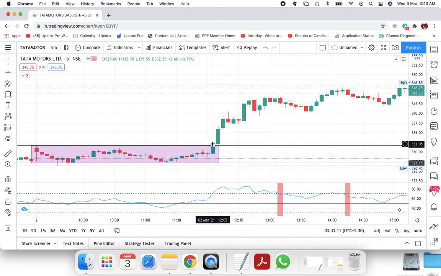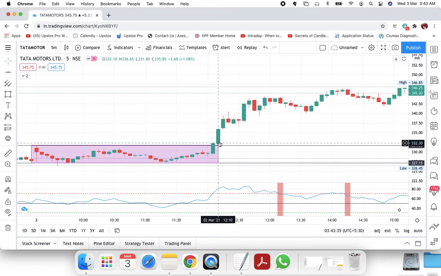If you see, it's closed above the range. The very next candle opened above the range. It means it has given a confirmation that it is going to be an uptrend. So this is the right place to make an entry.